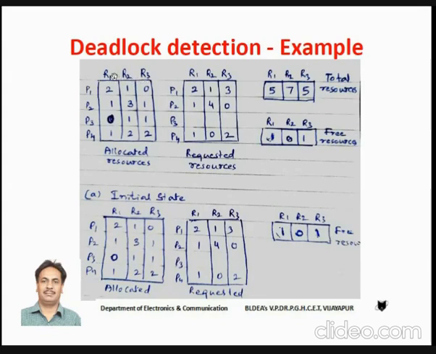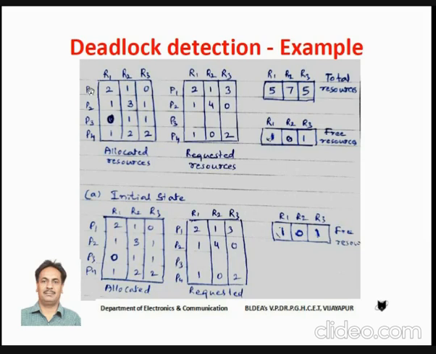But in each resource class, the number of resources may be different. R1 is a resource class, but that resource class might have many resources. Say, for example, printers is one class of resource. You might have 10 printers connected to the same system. It is possible. That's why, remember, R1, R2, R3 indicate the resource classes.